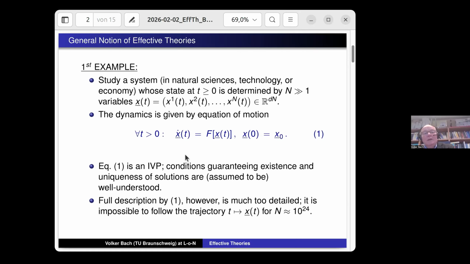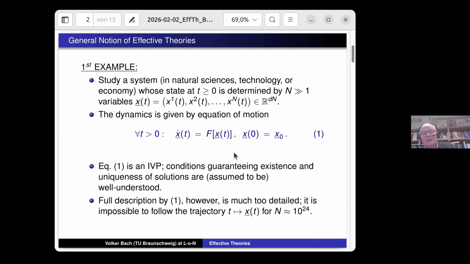It's an ordinary differential equation, an evolution equation. In fact, it's first order. The derivative of our variable vector x of t is given by some function f of x of t. I assume there are no external influences and no explicit time dependence.